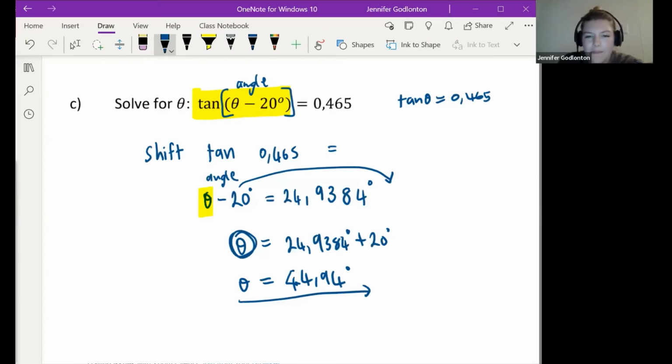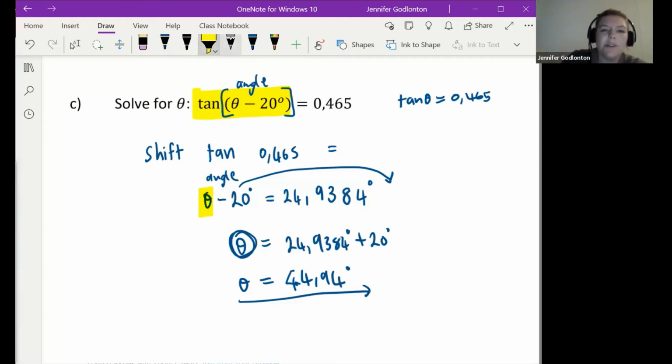Because I've been calculating, and do you also transact the 20 to be a plus? Because when you transact a negative sign to the other side, it's going to be a positive. But then I don't know what's happening after the shift 10, 0,465, and then the lower part I don't understand.